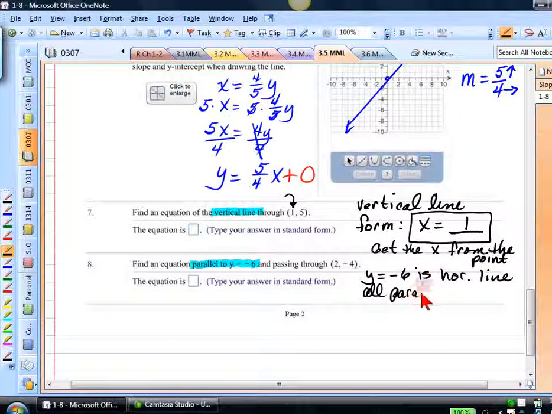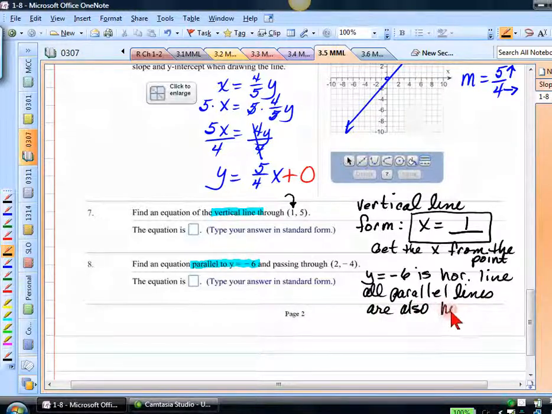All parallel lines are also horizontal. What form do all horizontal lines have? y equals.